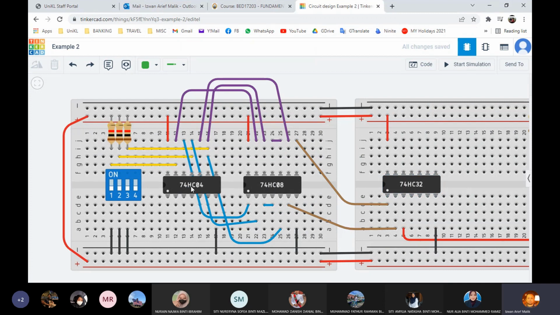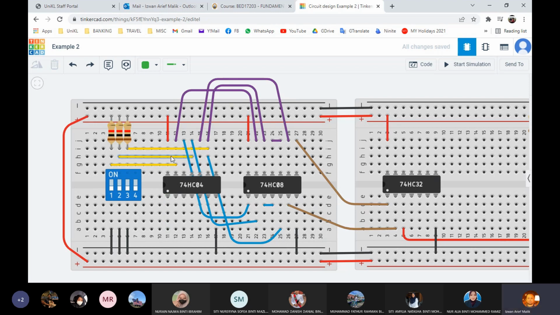Okay, and then 74HC04 ni is used to invert your input. So this is 1 is assumed as A, 2 as B, 3 as C. So 1 masukkan ke input 6, saya masukkan ke input 6. Kalau you nak masukkan input 1 pun tak ada masalah. So this one is A, masuk dekat input 6. Output dia adalah A bar.